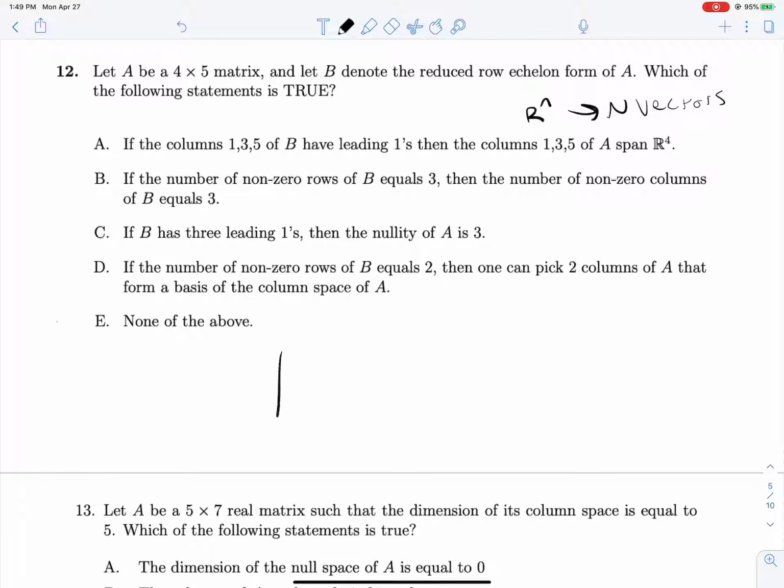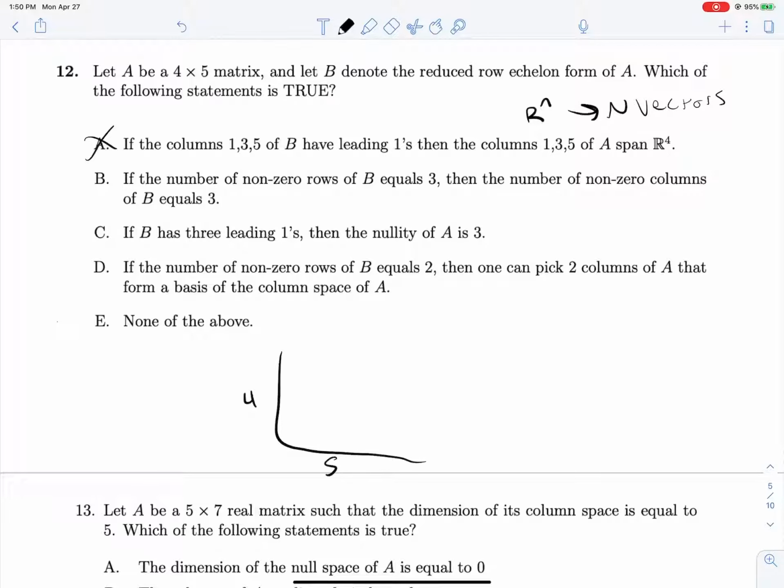A 4 by 5 matrix, let's just draw that out. 4 by 5 will be wider than it is tall. And so yeah, these vectors do sit in R4. They'll each have 4 entries in them, but since we only have three vectors, there's no way that they can span R4, because by definition they'll have 3 pivots and there'll still be a row in all of them that does not have a pivot. So that's no good.